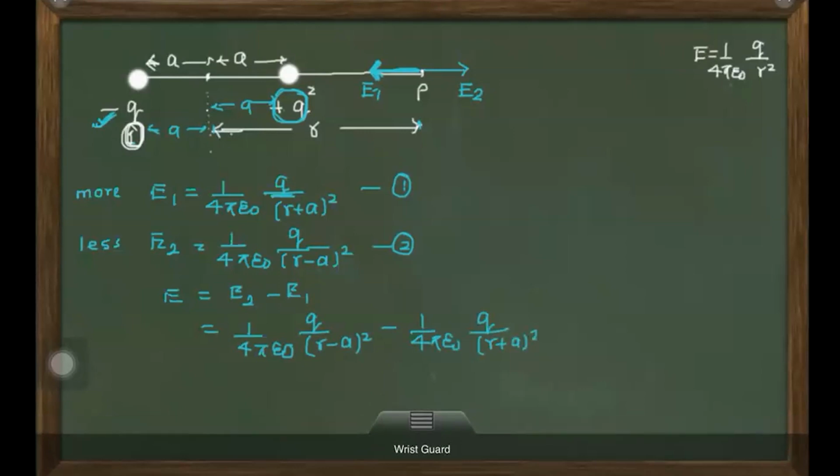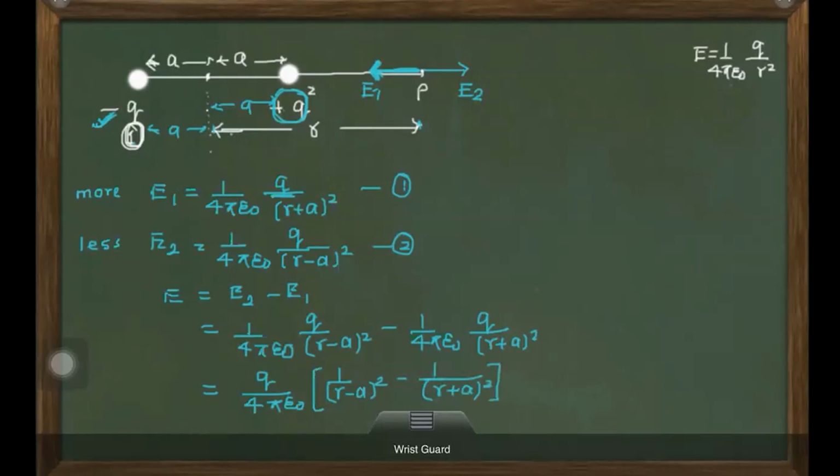Now, if I take the common things, Q upon 4 pi epsilon naught will be common. The things in the bracket will be 1 divided by R minus A whole square minus 1 divided by R plus A whole square.